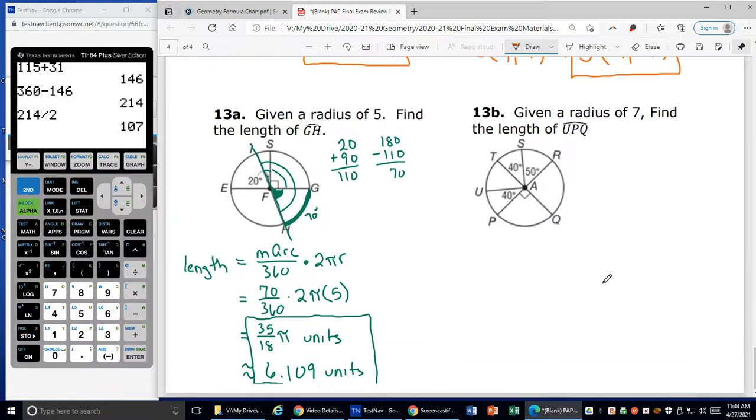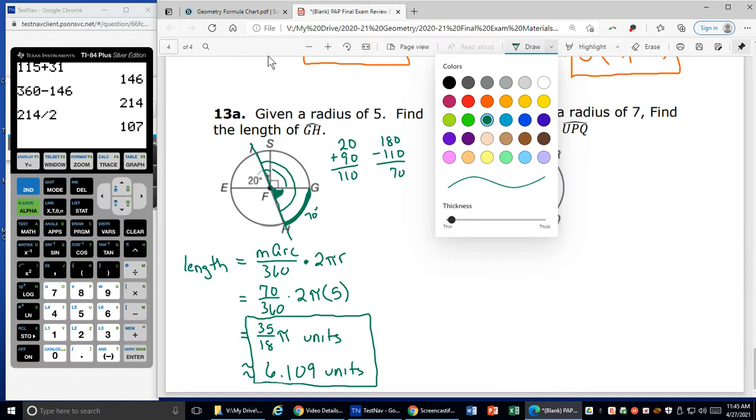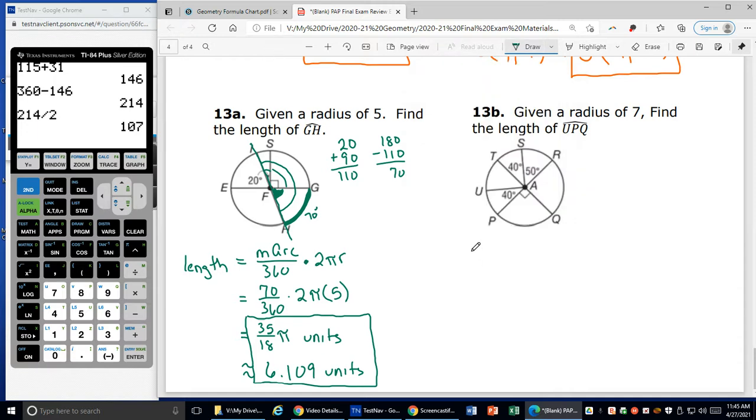Okay. And last but not least, number 13b, given a radius of 7, find the length of arc UPQ. So I do have a formula over here for finding the length of an arc. My length equals the measure of the arc over 360 times 2 pi r.